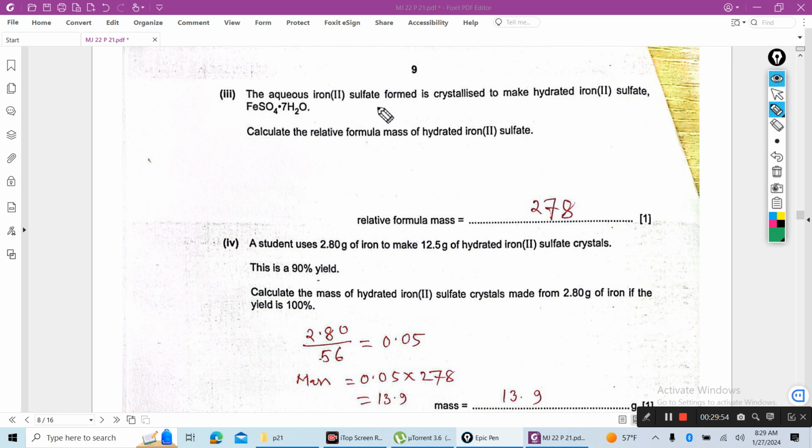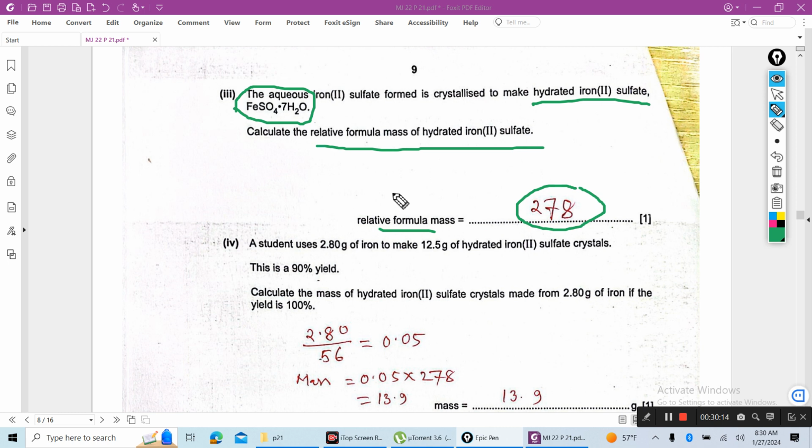Next, the aqueous iron 2 sulfate is crystallized to make hydrated iron 2 sulfate. Hydrated means with water, FeSO4 dot 7H2O, 7 moles of water. Give the relative molecular mass. This is 278.